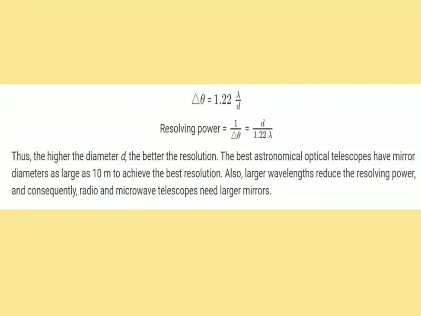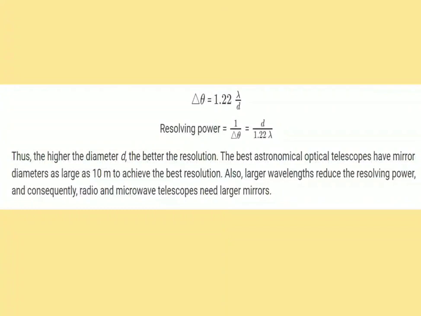So the resolving power is 1 by delta theta equal to d by 1.22 lambda. Here d is the diameter of the aperture and lambda is the wavelength of the light source.